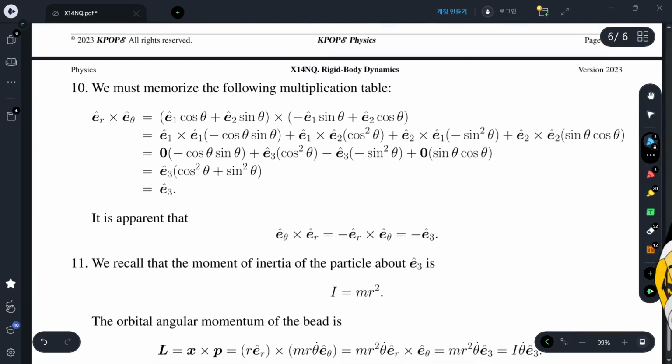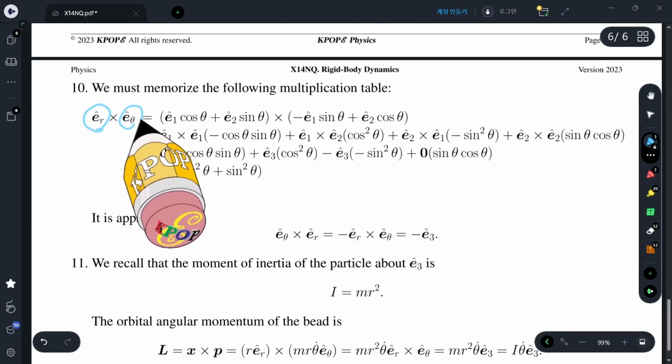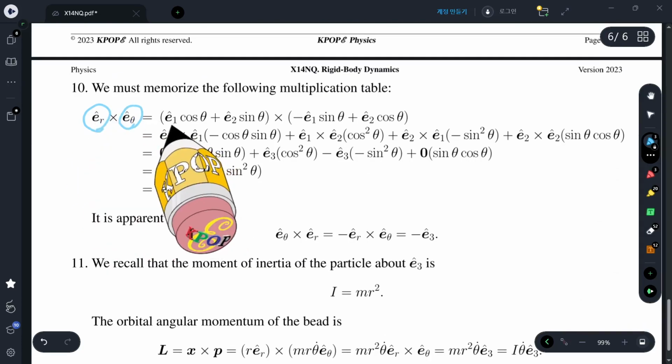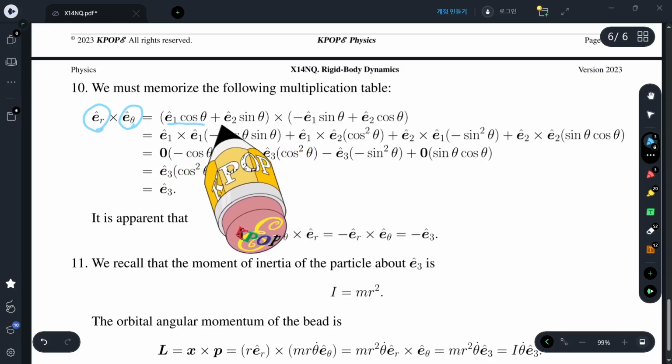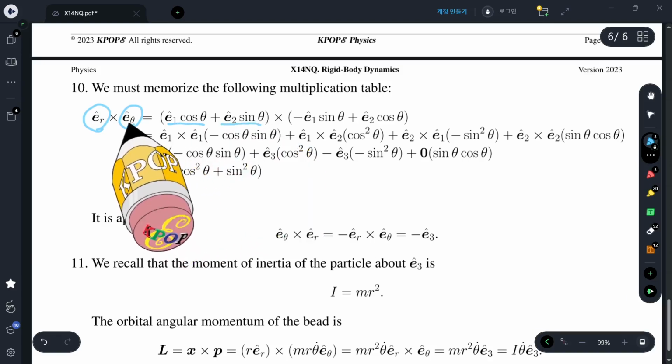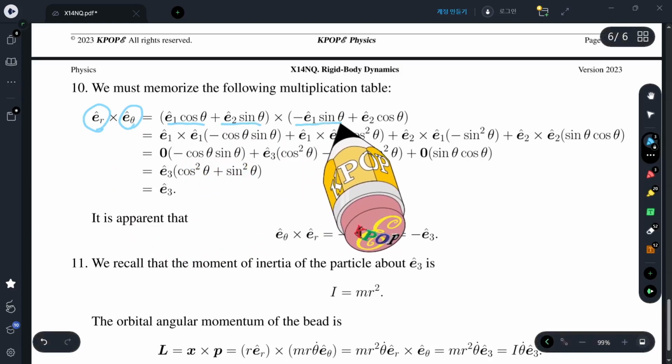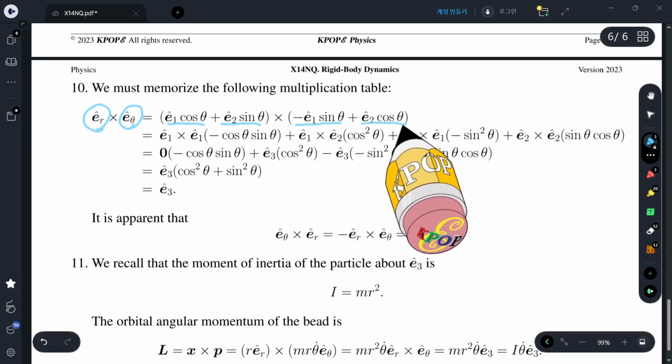What about the case of E r cross E theta? E r is E1 cosine plus E2 sine. E theta is E1 minus sine, and E2 cosine.